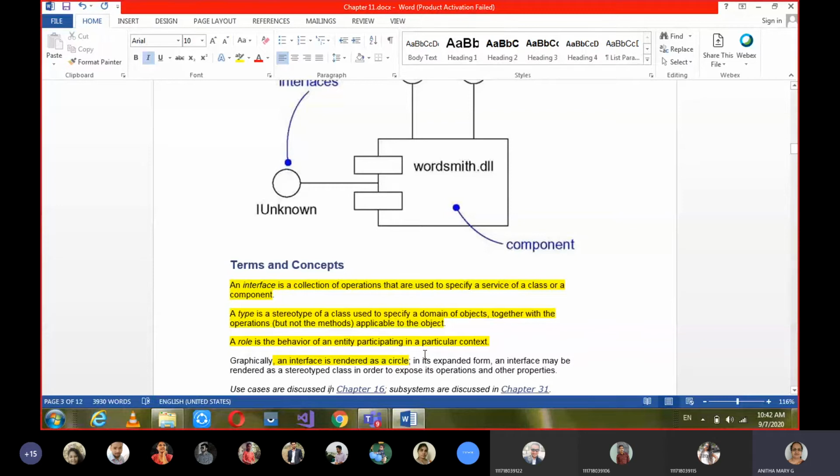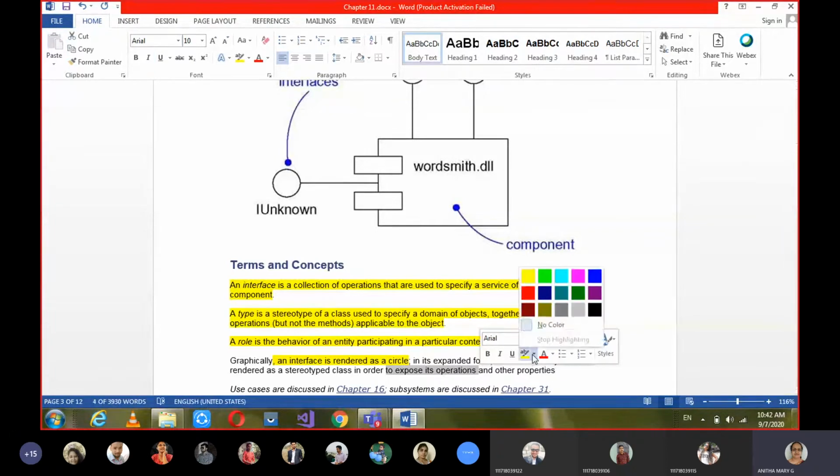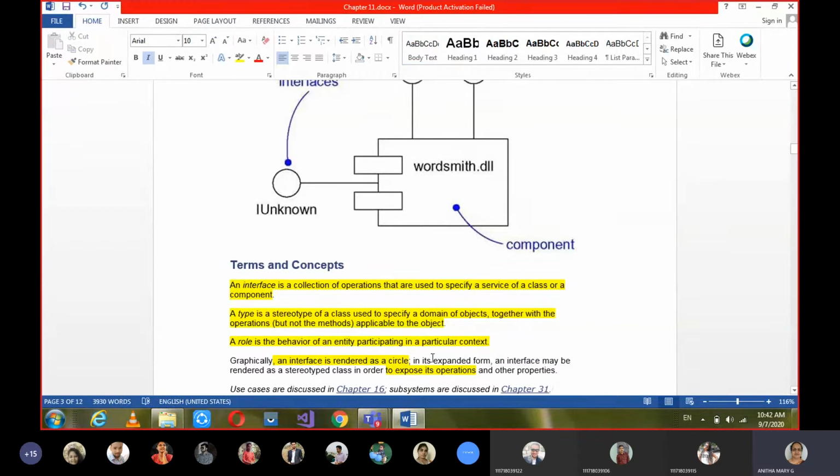So when a stereotype has to show all its details, when it has to expose all its operations, then it can be shown in the expanded form.